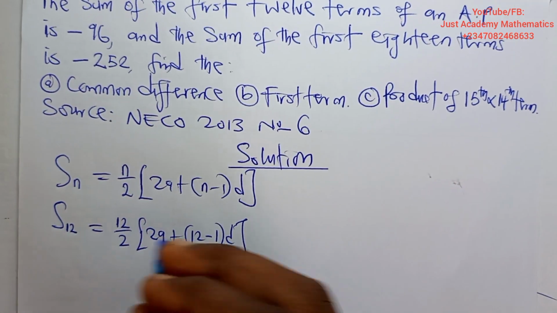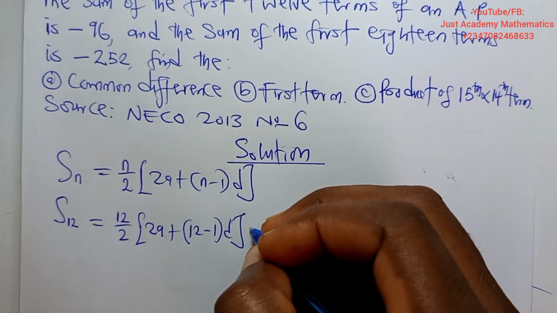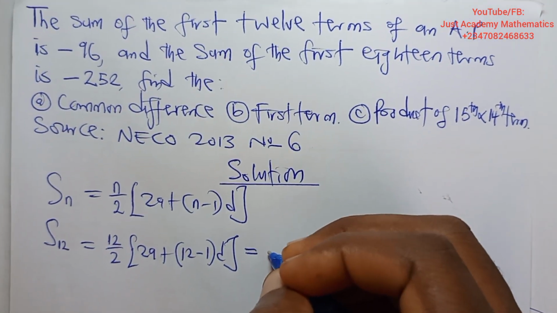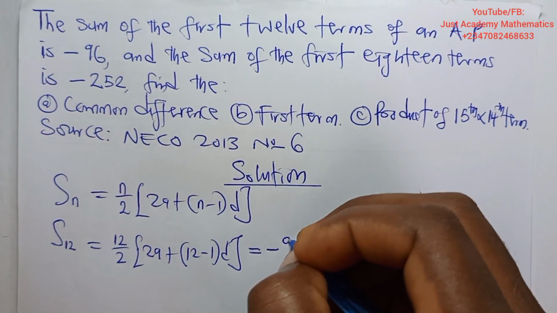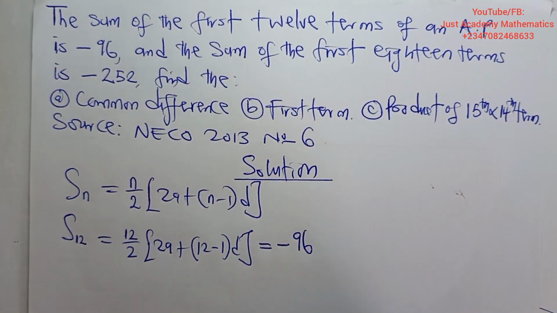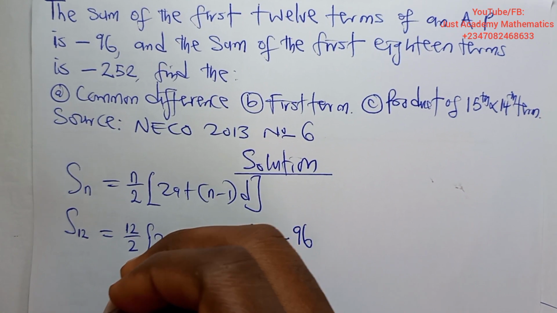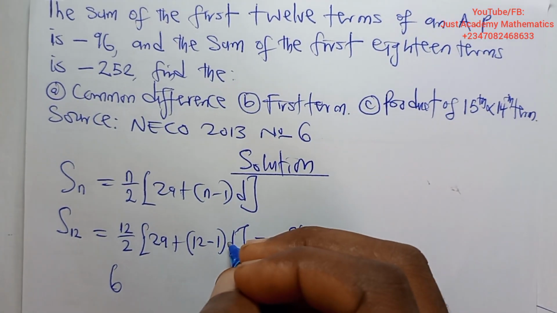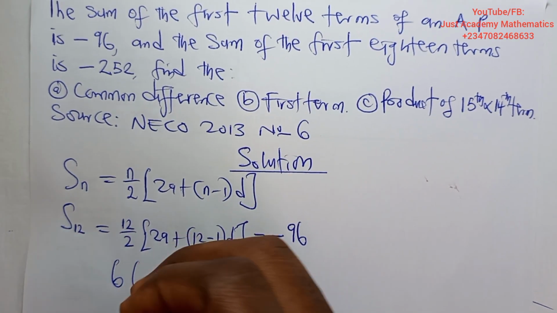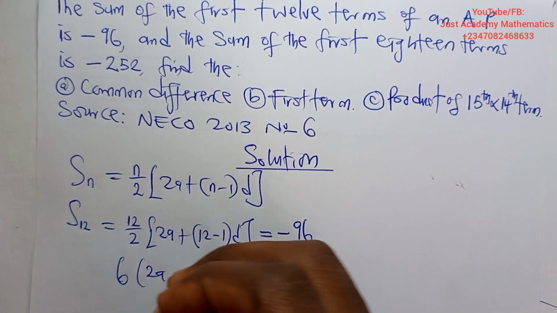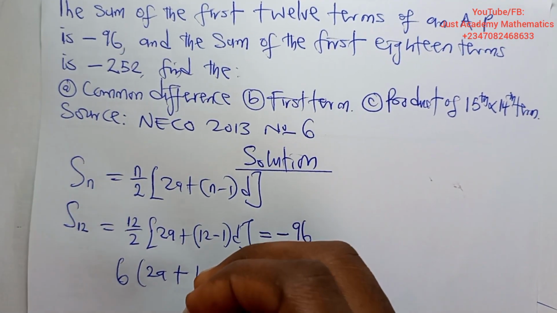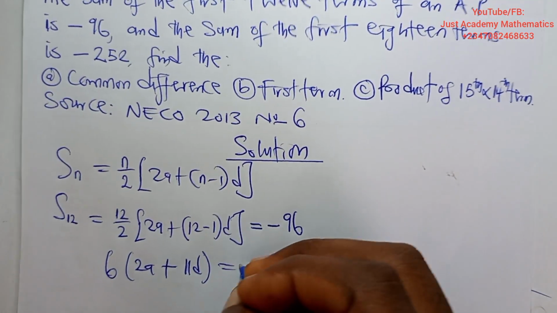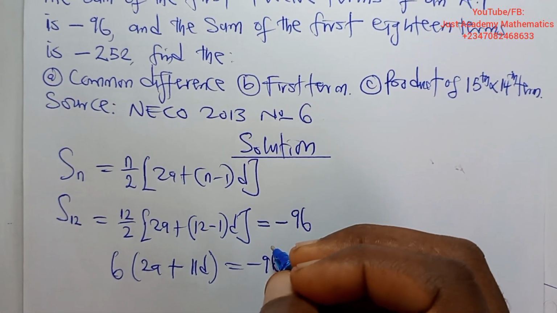And the sum of the first 12 is equal to minus 96. That is what the question is saying. So this gives me 6, and 12 minus 1 is 11, so 11d. That is 6 times (2a plus 11d) equals minus 96.